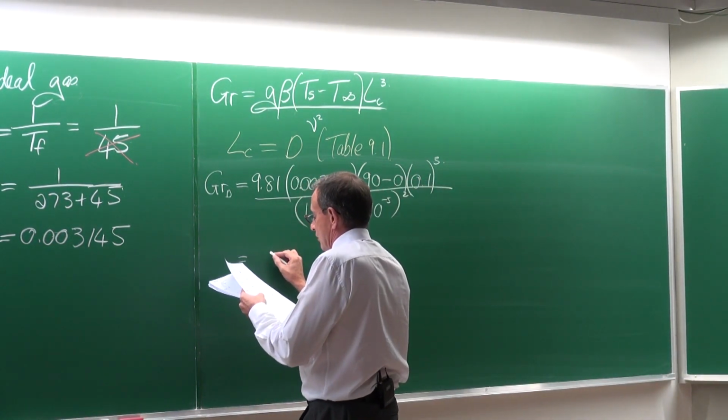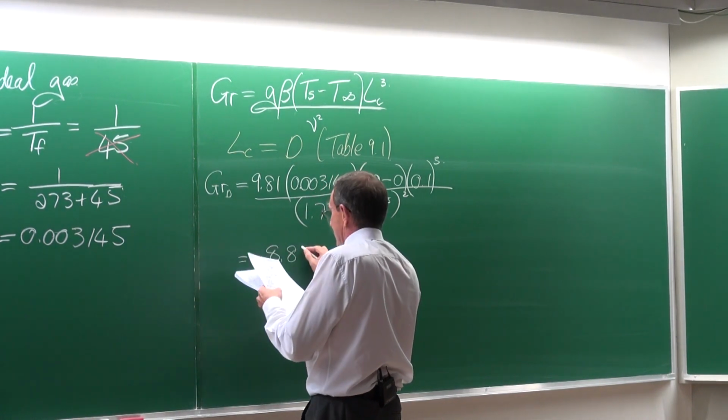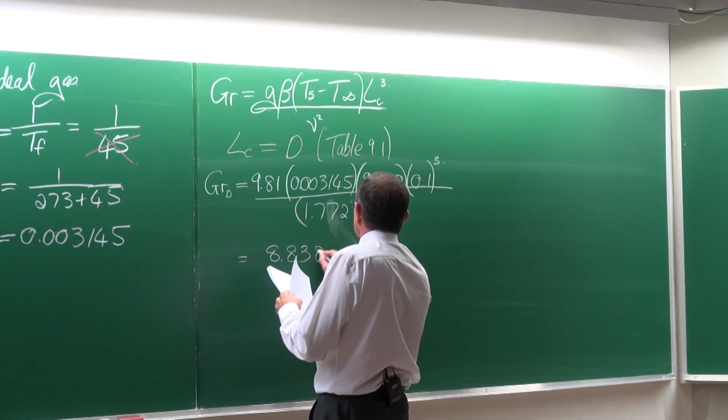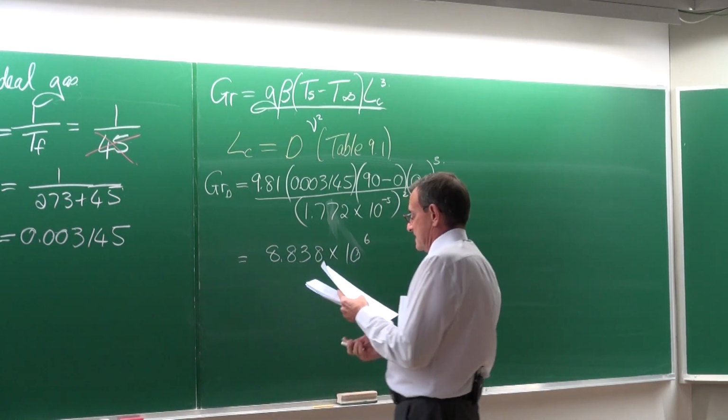If we do that, then the Grashof number is equal to 8.838 multiplied by 10 to the 6.